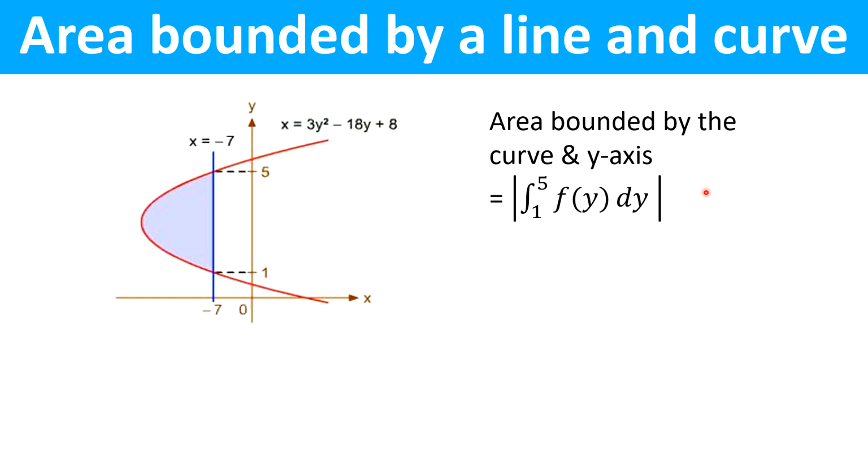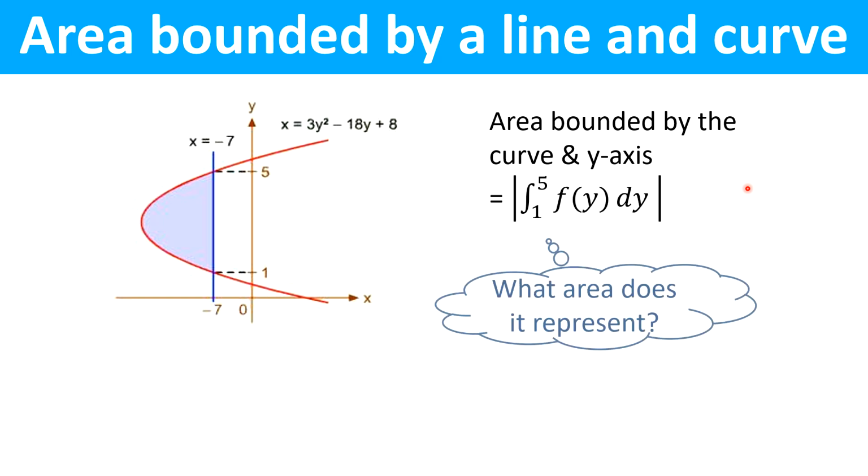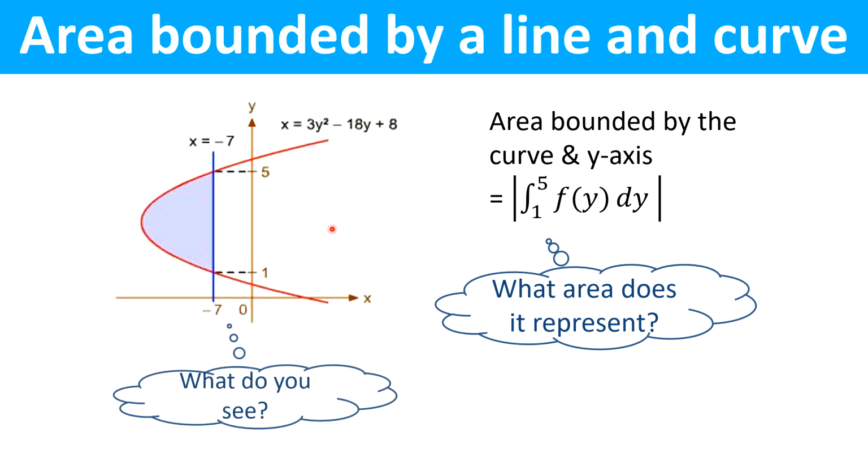Now let's go through the second question. Are we able to identify the region? So exactly what area does this represent? When we write down the integral from 1 to 5, are we referring only to this shaded area, or is it the entire area that is bounded by the curve and the y-axis? So it is here, isn't it? Therefore, once we have this region, I will need to ask the third question, that is, identify the shapes.